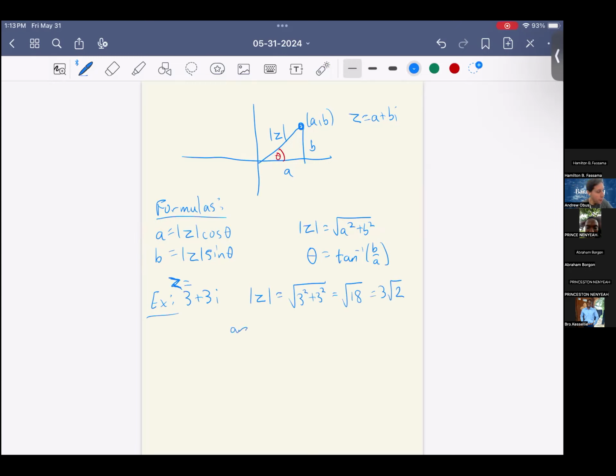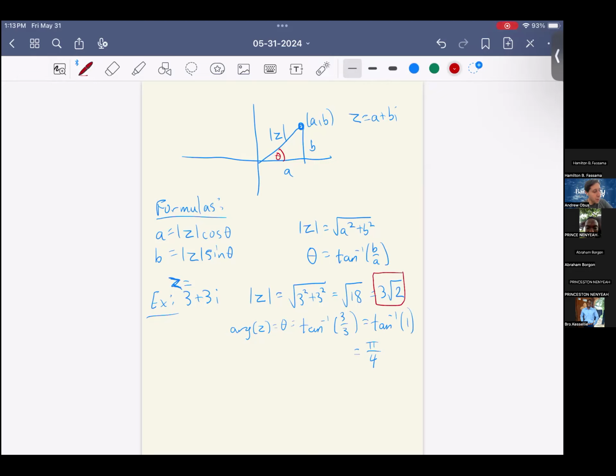And then the argument of Z, or what we've been calling theta, is the inverse tangent of 3 over 3, which is the inverse tangent of 1. The angle with tangent equal to 1 is pi over 4, or 45 degrees. So we can figure out one from the other.